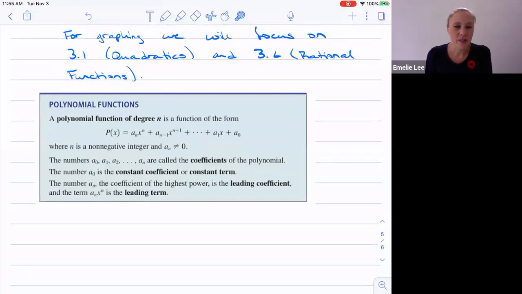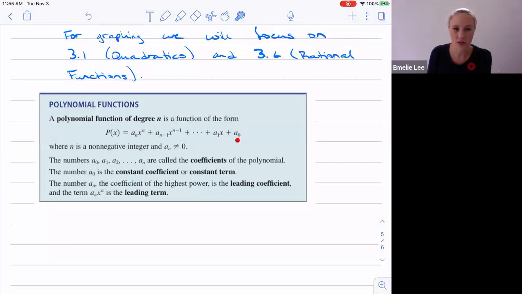We've talked about polynomials before, so we know that it has a series of terms, right? We've got the coefficients, we've got degrees. So the highest power of x is the degree of the polynomial. And all these a's out in front are called coefficients. And the last term is a constant term because it doesn't have an x.